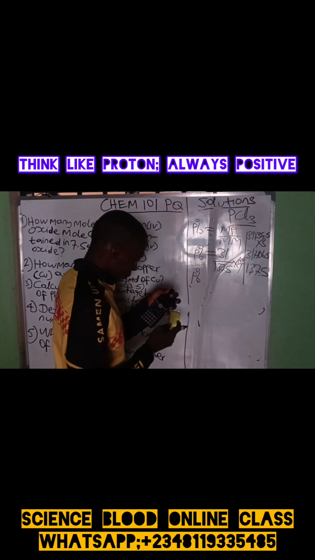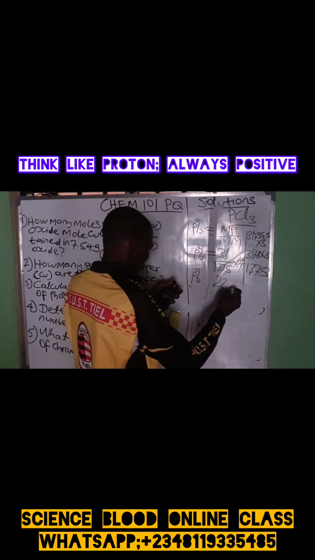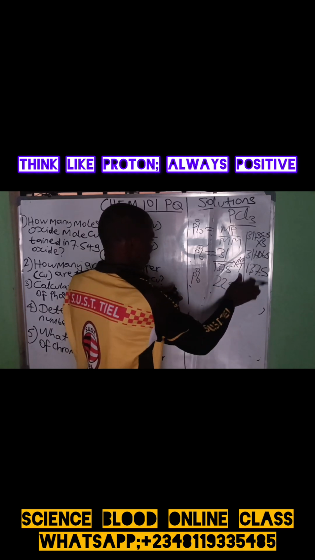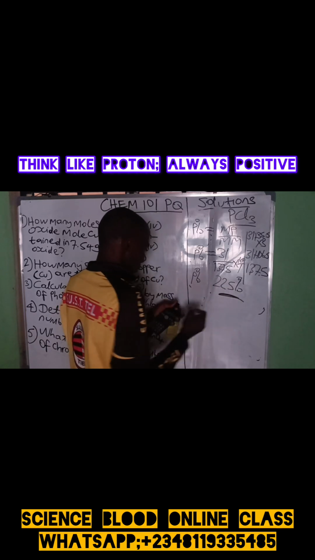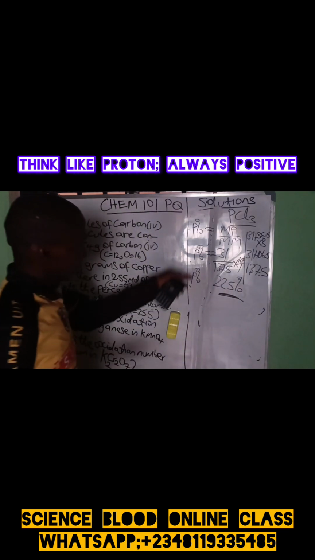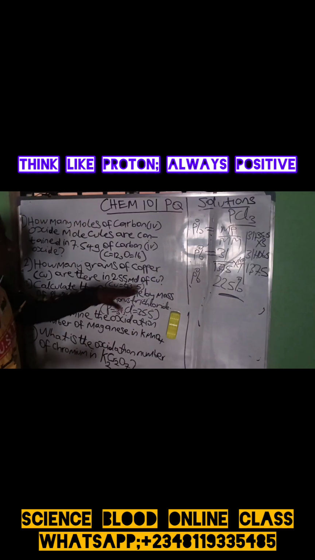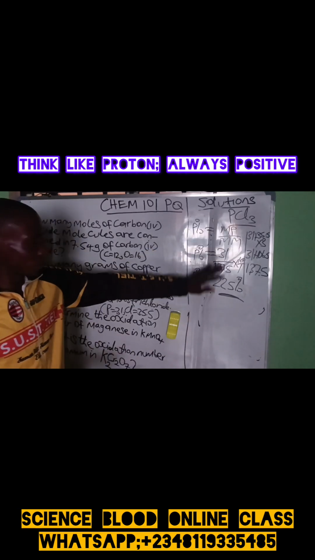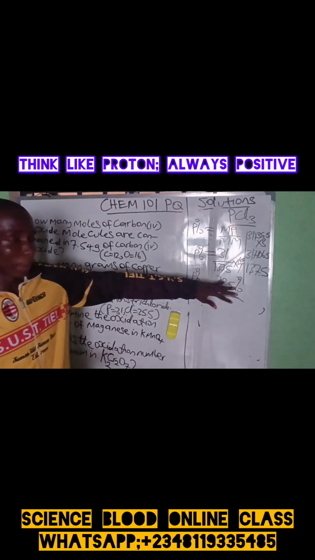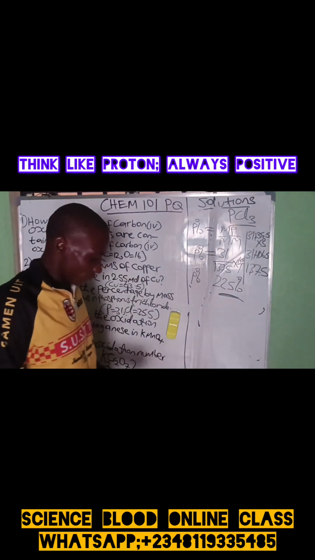When you multiply by 100, we have 22.5%. So remember, since we are solving for the percentage of phosphorus in phosphorus trichloride, your final answer will be in percentage. So this is why we have 22.5.